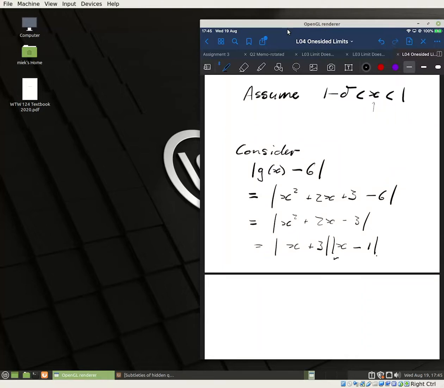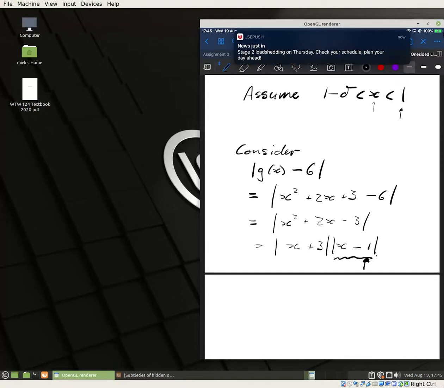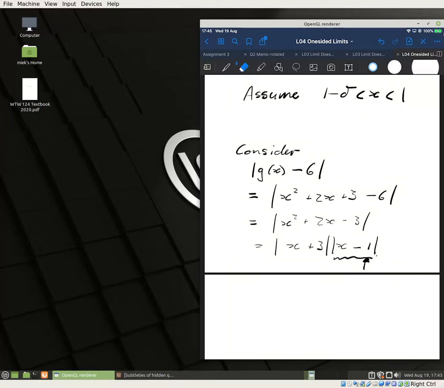And here we see something that has to do with 1. What can we say about this absolute value? Let's think about our assumption here. Let's take this 1 across.